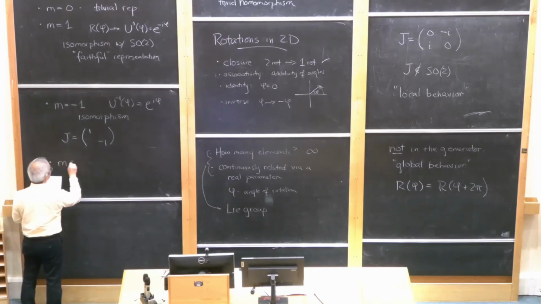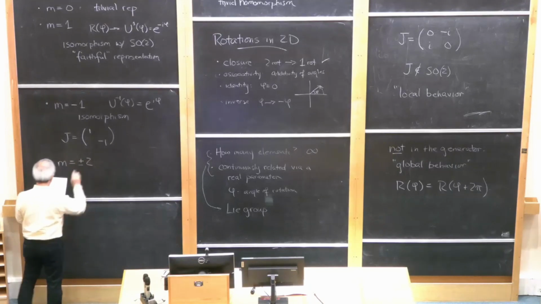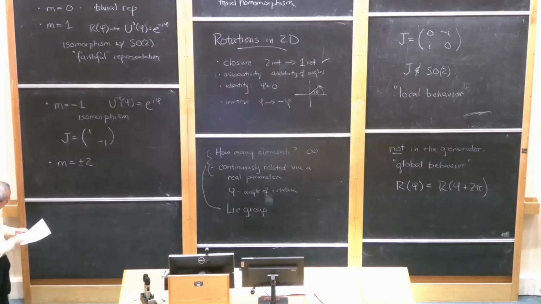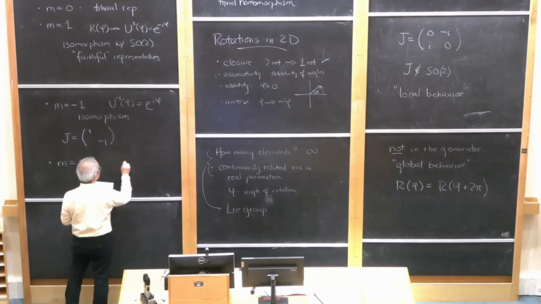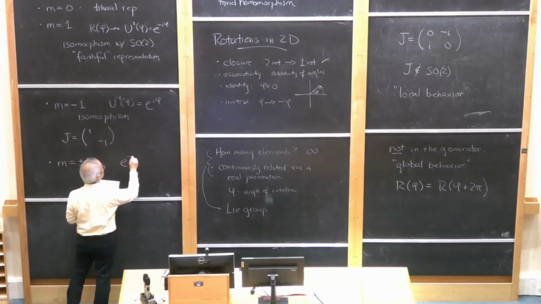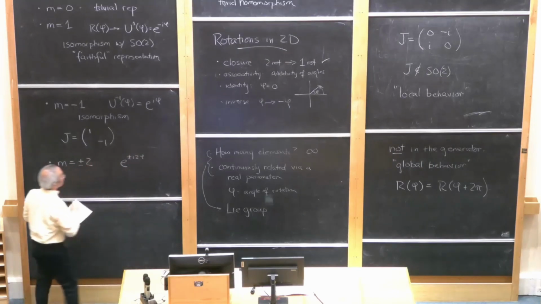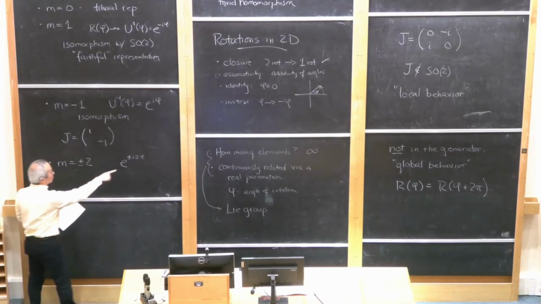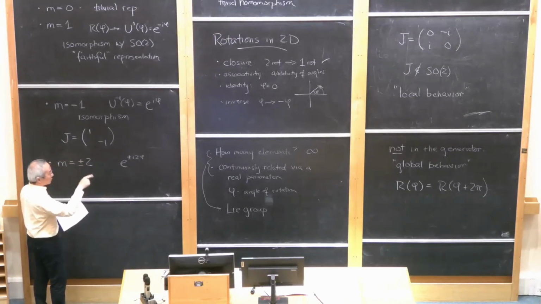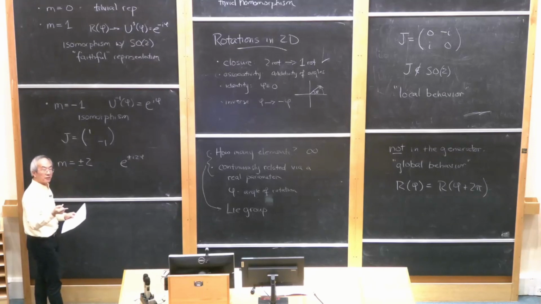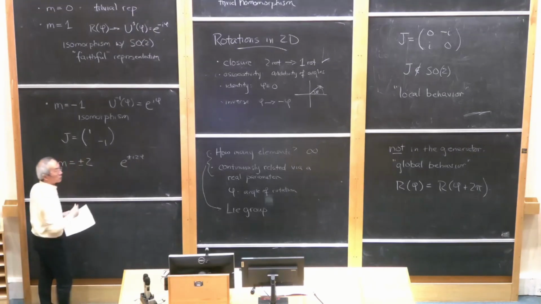If you had m is equal to plus or minus 2, you have e to the minus or plus i 2 phi. So in this case, instead of going from phi equal to 2 pi giving you the same element again, now if you just rotate through pi, you get the same element.